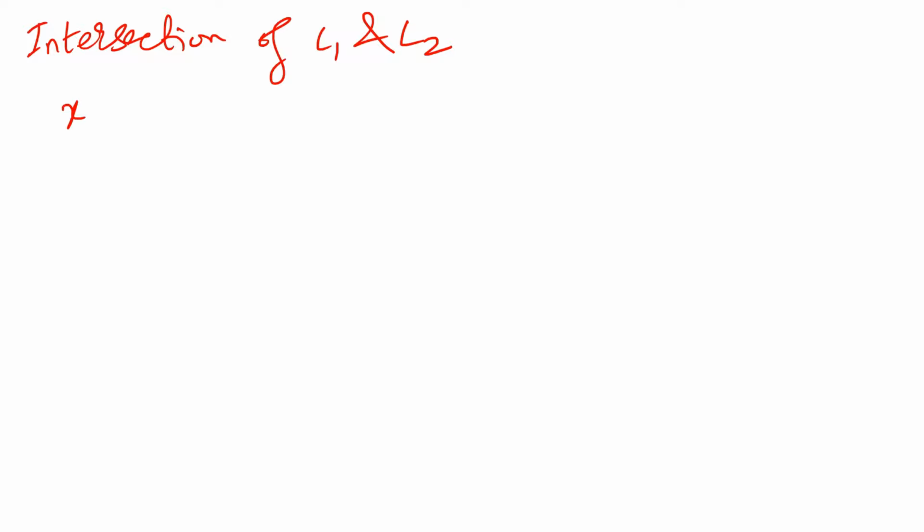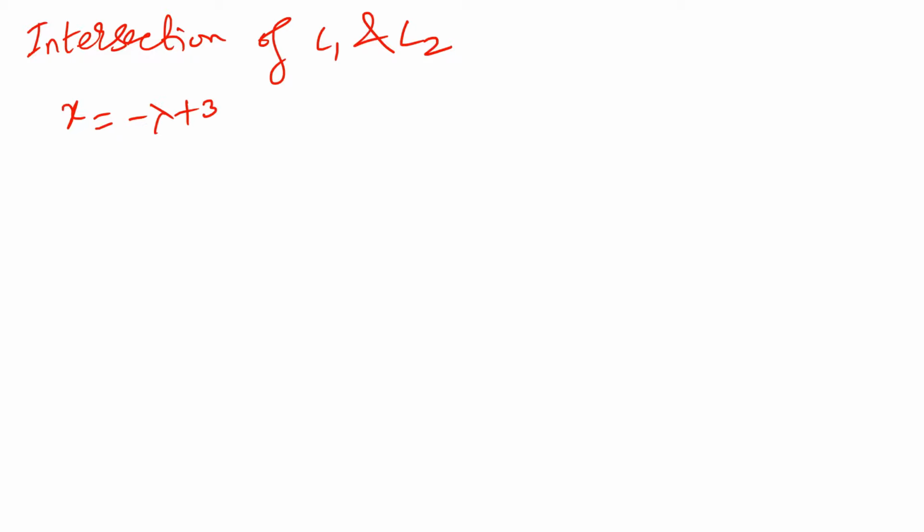Now students, let us find the point of intersection of L1 and L2. To find the point of intersection of these two lines L1 and L2, first of all, I am writing the general point of the line L1. So from here I get the values of x as minus lambda plus 3.